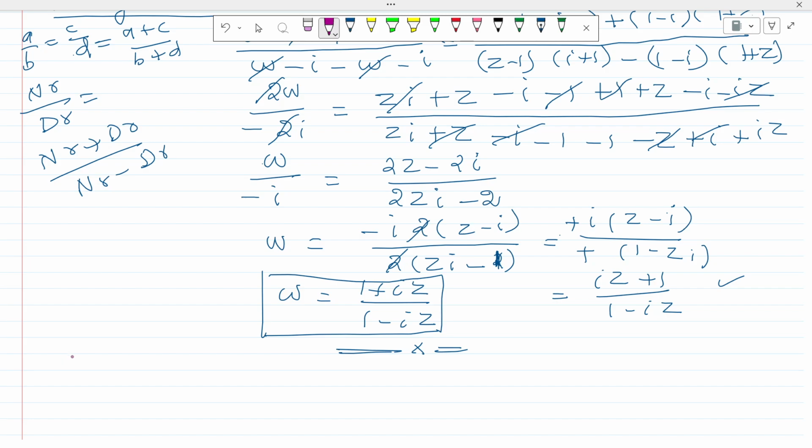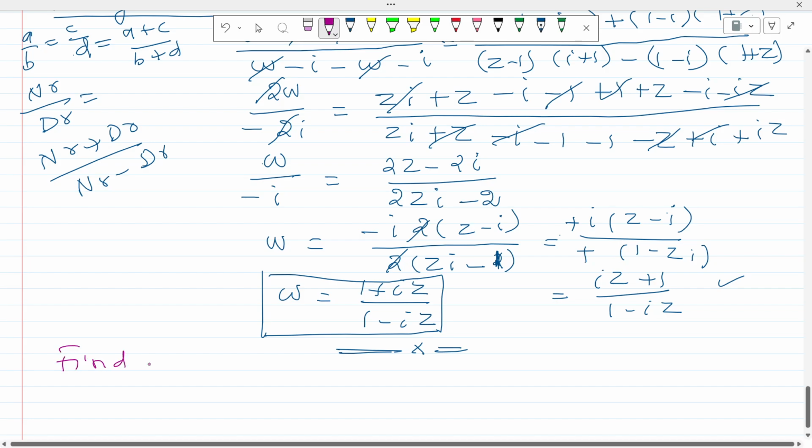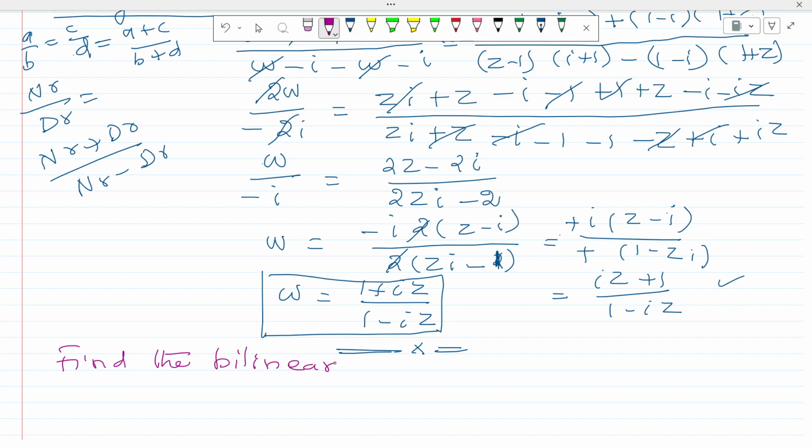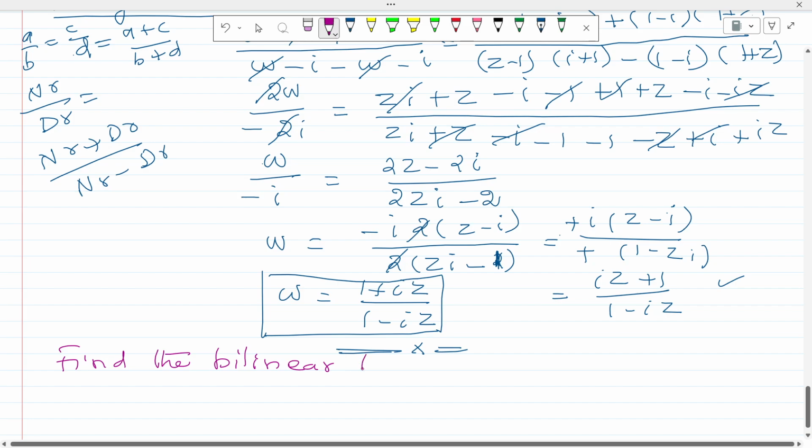Okay, write down. Find the bilinear transformation. Write the problem.